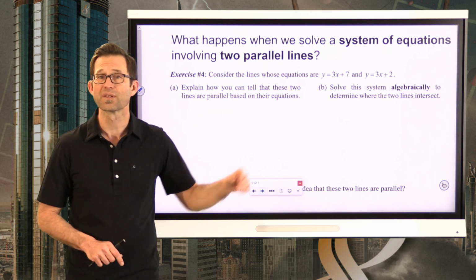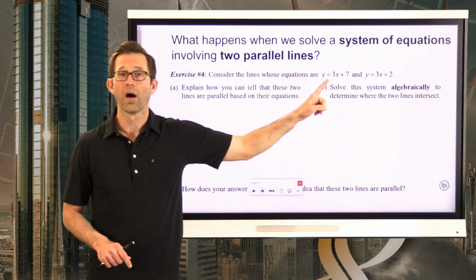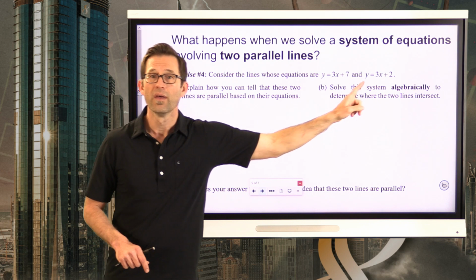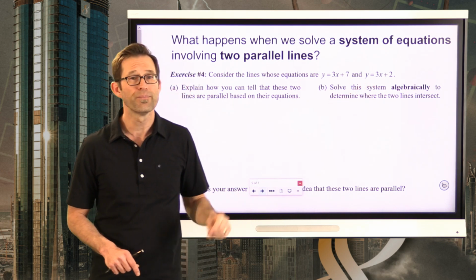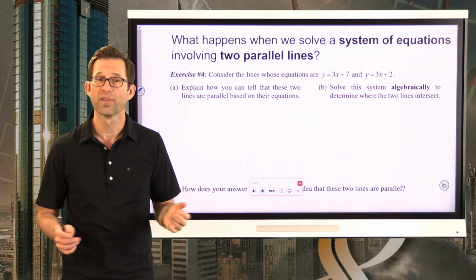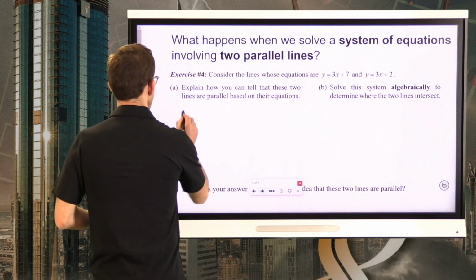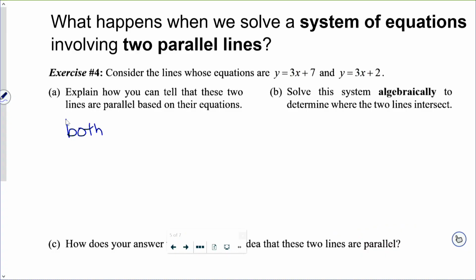All right, well, it's this simple. This line has a slope equal to 3. This line has a slope equal to 3. Because they have equal slopes, they must be parallel. So let's write that down. Both lines have slopes equal to 3.